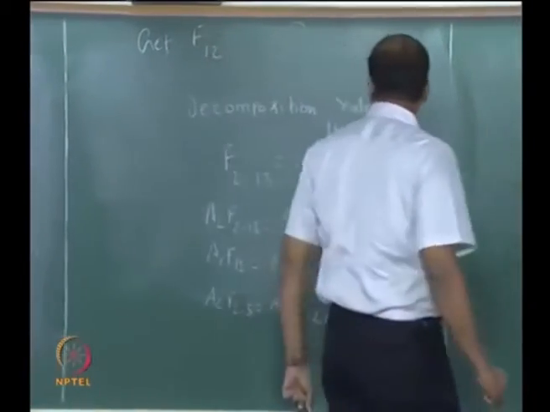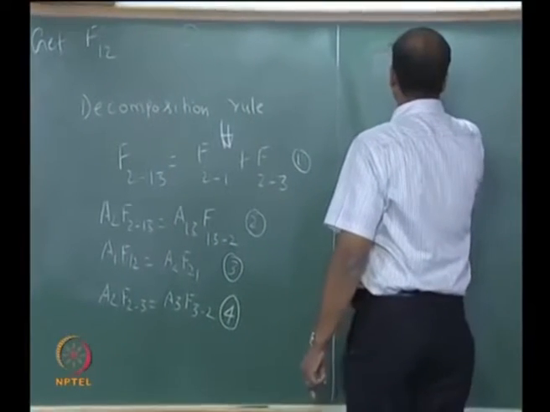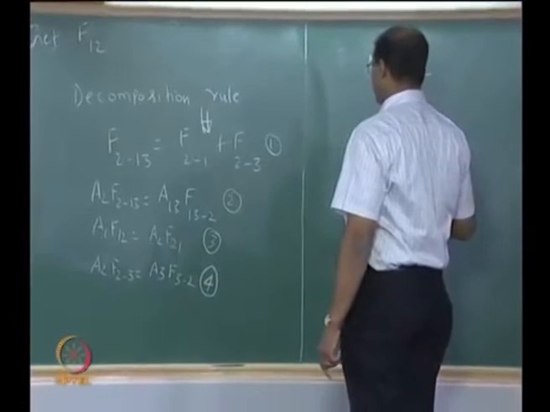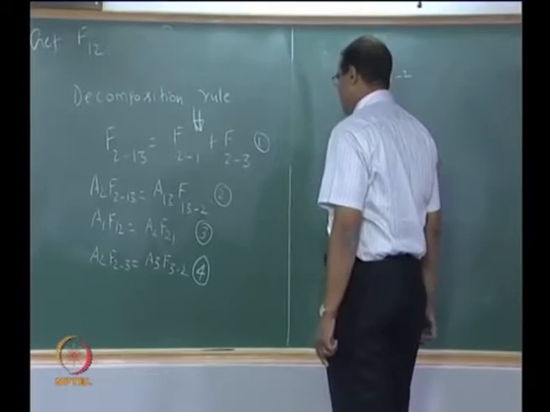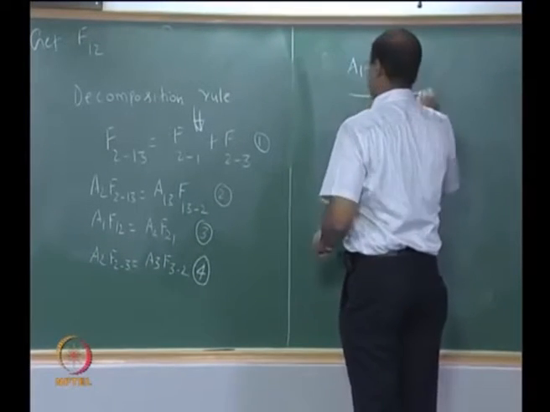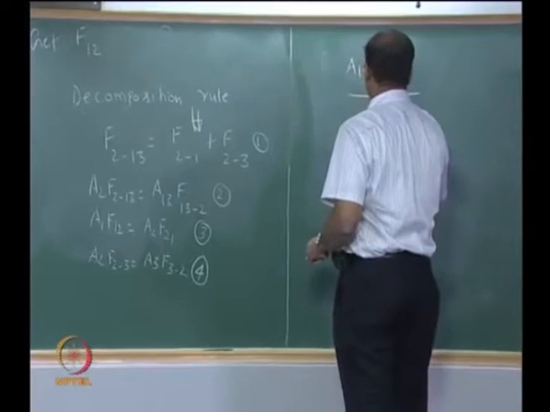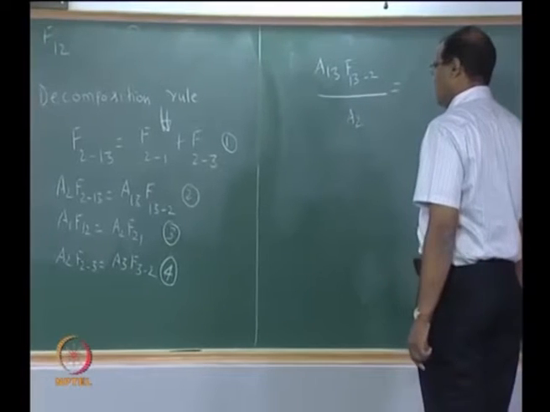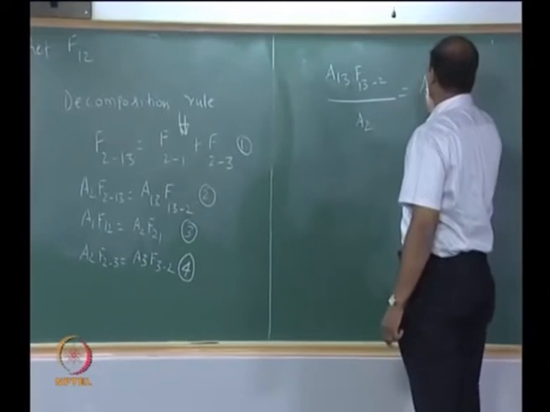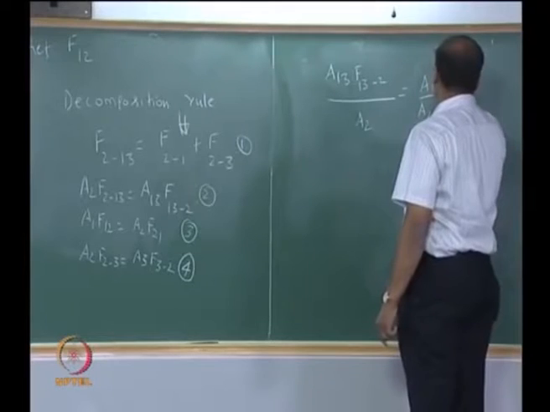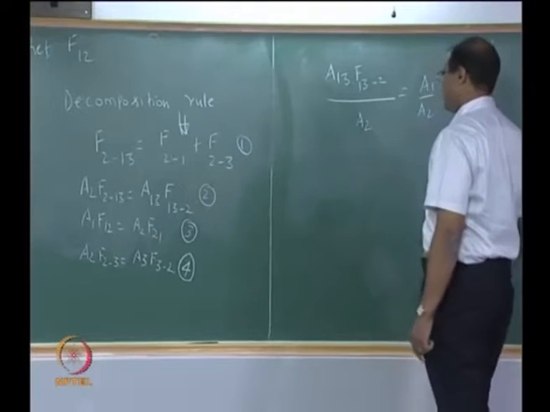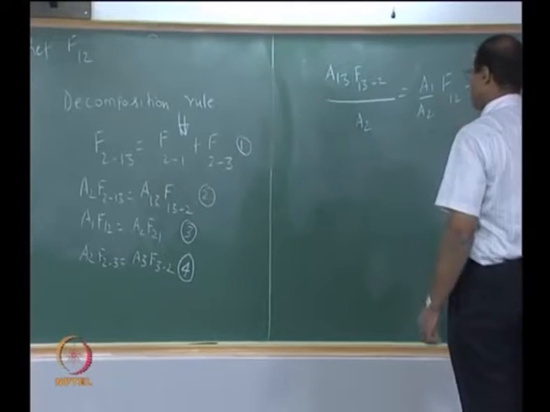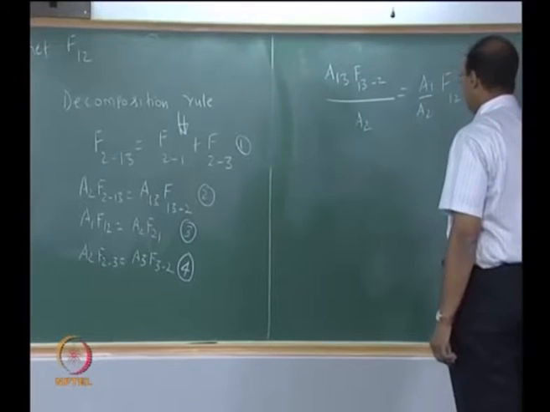So, F2 to 13 is basically A13 F13 to 2, correct, F2 to 3.